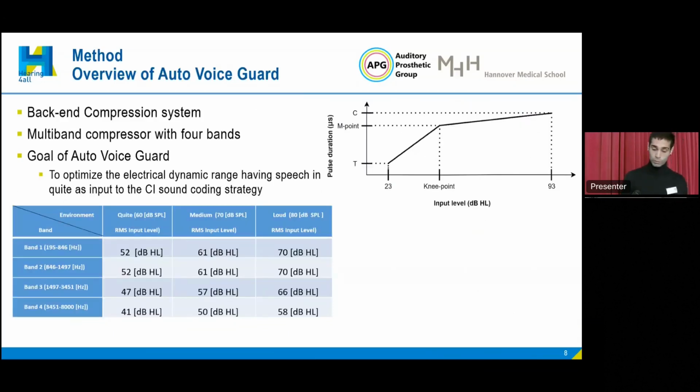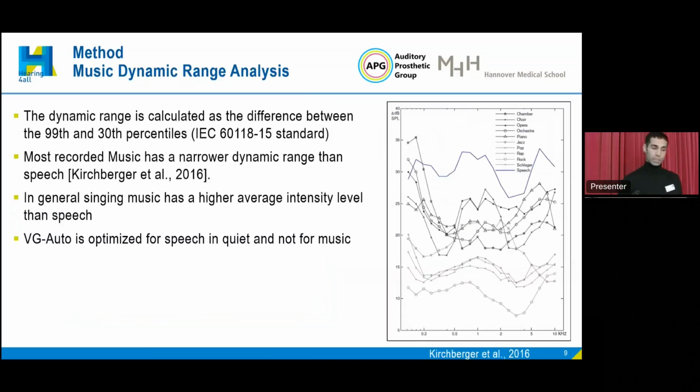To do so, we first have to characterize the difference between music and speech without background noise. In this figure, which is from Kirschberger et al. in 2016, the blue line indicates the dynamic range of speech, and the other lines indicate the dynamic range of music in different genres.